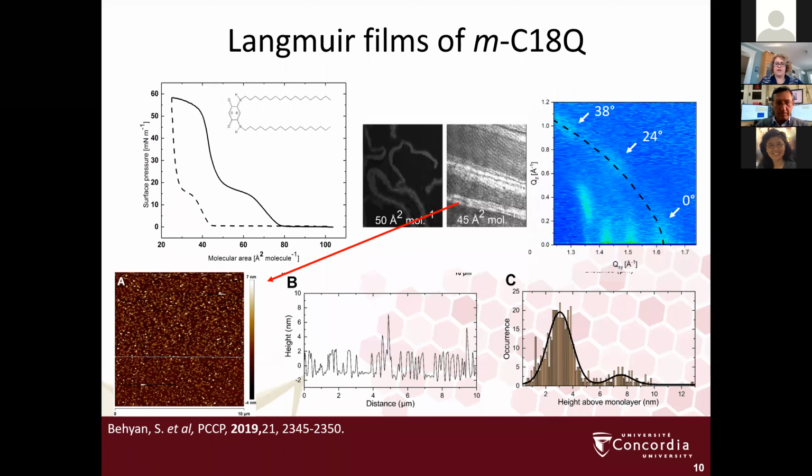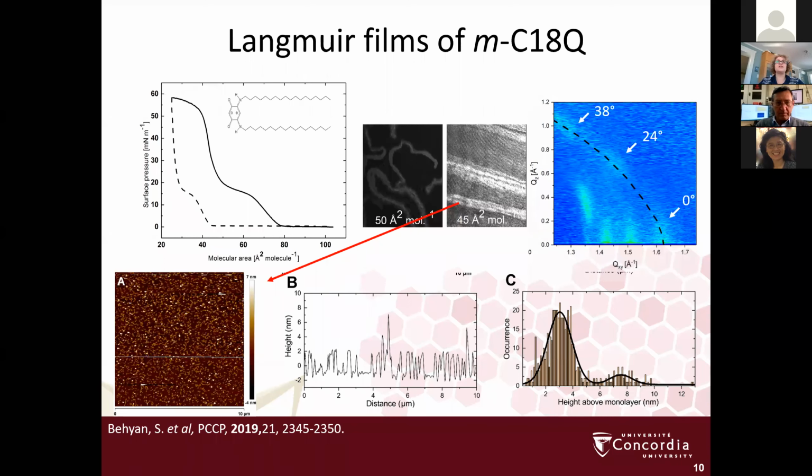Let's first look at the intensity along this Debye-Scherrer ring. So first of all, it's not continuous. So we have regions of higher intensity, which is suggesting that there are preferred orientations of the head group. And there is, of course, notably no Debye-Scherrer ring for the alkyl chains.